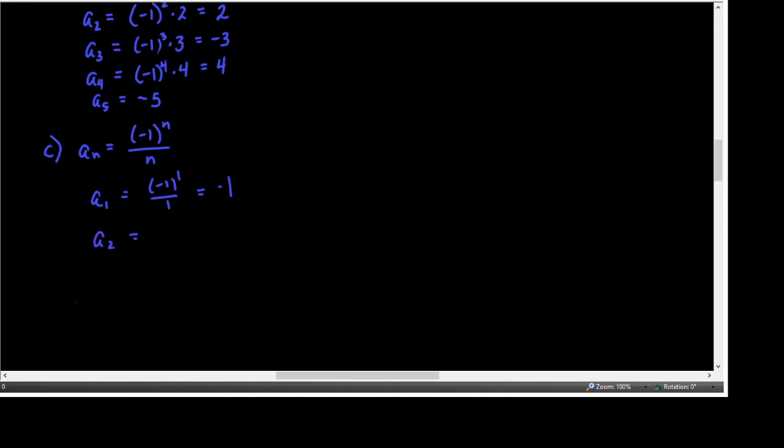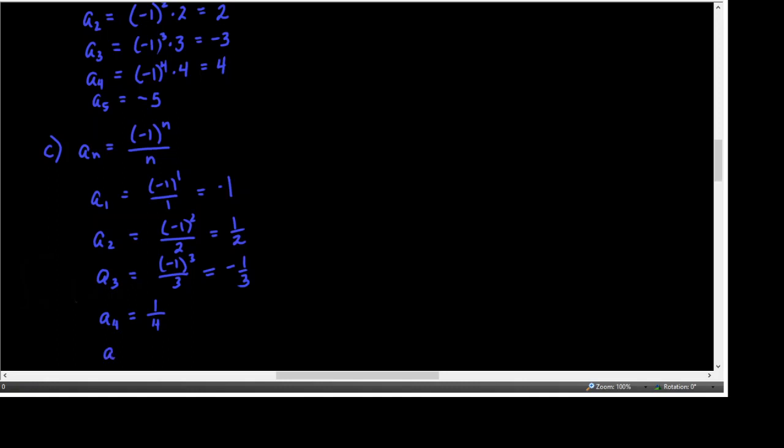A sub 2 is -1 squared divided by 2, which is 1/2. A sub 3 is -1 cubed divided by 3. And since we just did the other one, you may notice this one faster has alternating signs. So this one should be positive, and it's always 1 over the next bigger number. So that should be 1/4.